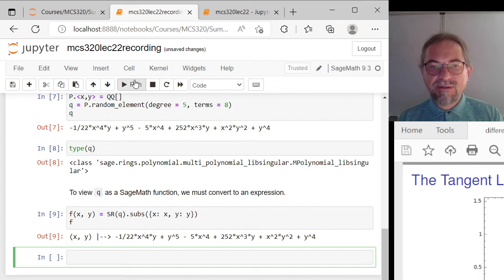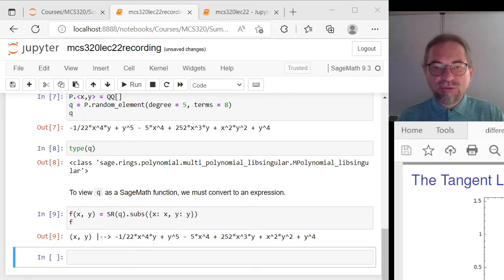So let me explain. There are two x's and two y's, two different x and two different y's. We have the x and the y, so it's still visible here at the very top. In my polynomial ring, I have declared x and y to be the variables of the polynomial.